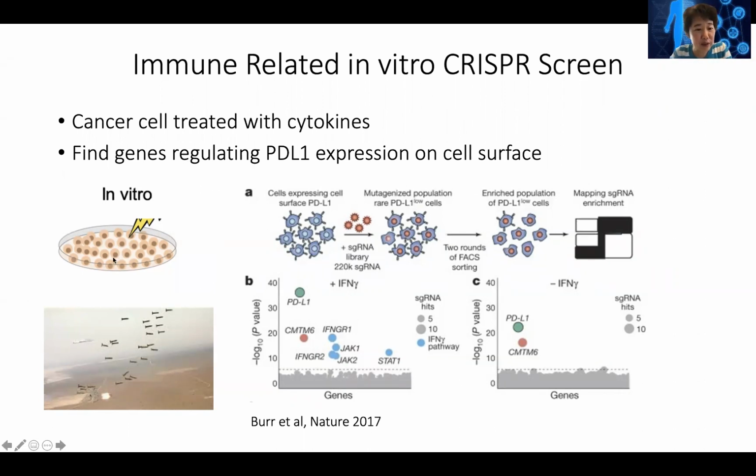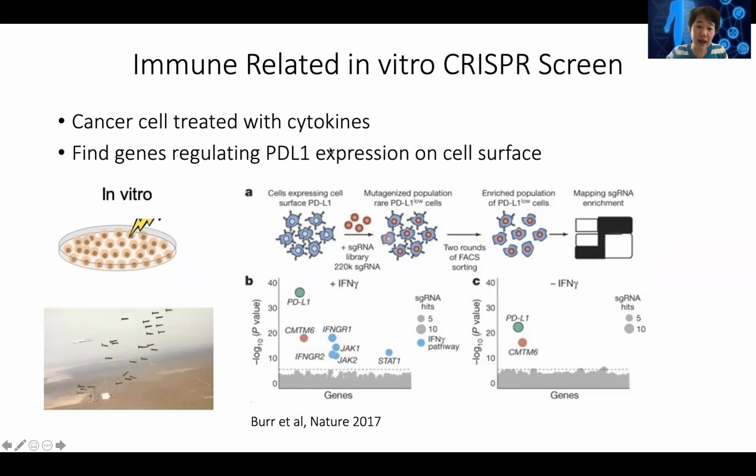And so when we treat the cancer cell with the cytokines, it is as if we are bombing the cells with a bomb, and you ask, how does the cell respond? In this Nature study, they are looking at after the cells are treated with cytokine interferon, what gene influenced the cell surface expression of PD-L1 protein.